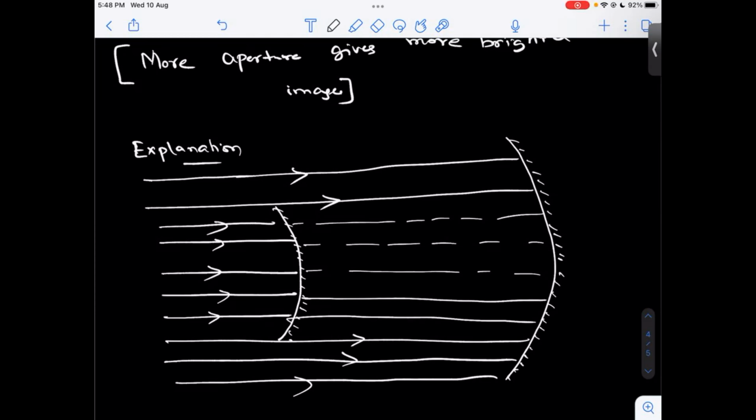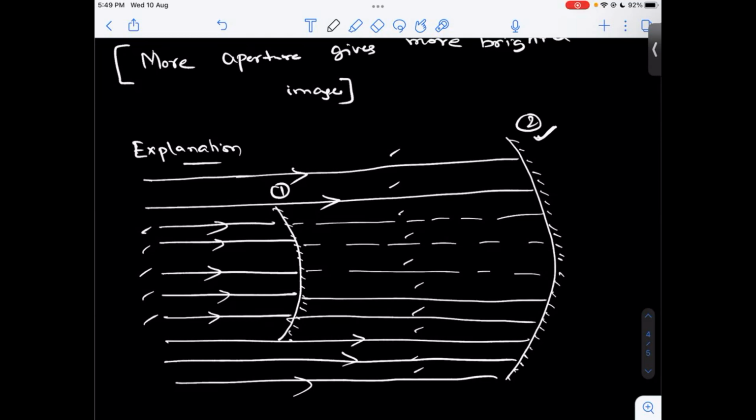So if you observe, if only the first mirror was existing, then it could have collected maybe 1, 2, 3, 4, 5 rays falling on it. Whereas for the same set of parallel beam of rays, had the second mirror been placed, it could have collected more number of rays. Obviously, all the rays that fall on the mirror will get reflected back and they are going to meet at some point. Means if more light is going to get focused at a particular point, you can say that brighter is the image.